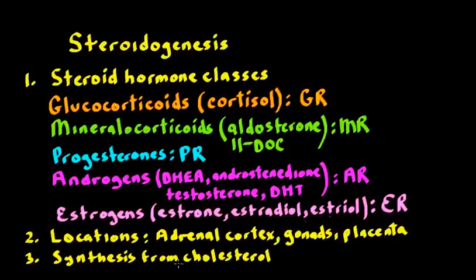And we went through a very tedious process of making all these different hormones from cholesterol, with all those hydroxylations and dehydrogenations and aromatizations and reductases. And hopefully now you have a better understanding of how to make these hormones, and you're on your way to understanding the clinical relevance and disease states that'll come later. And that concludes this video on steroidogenesis.